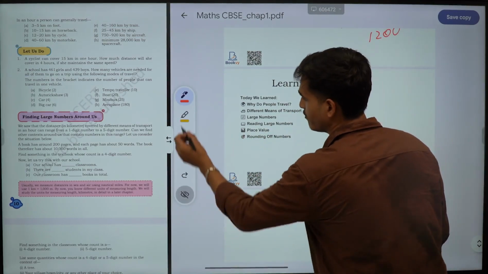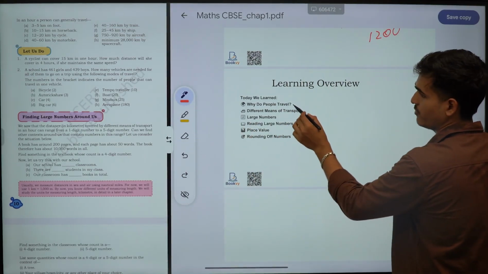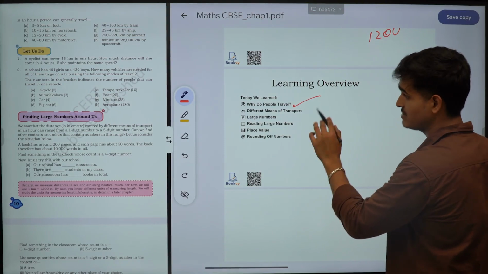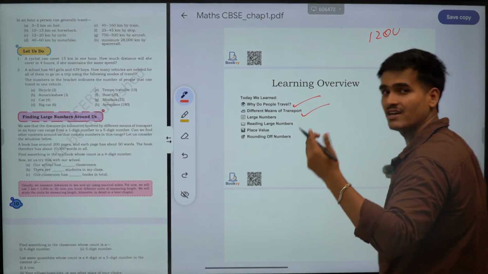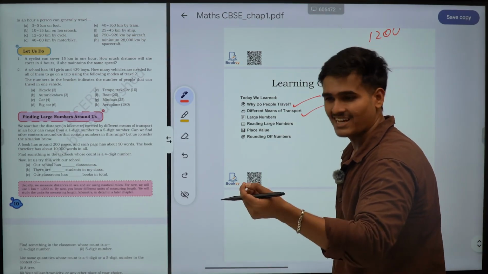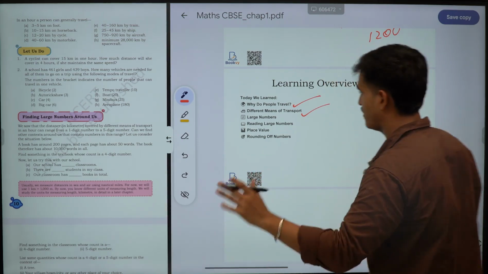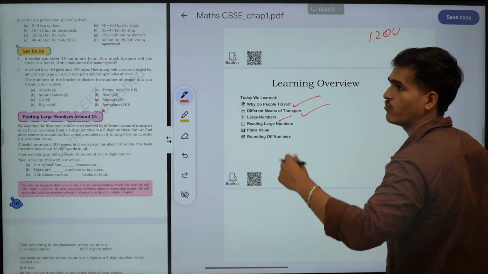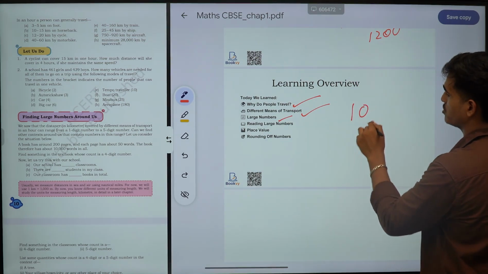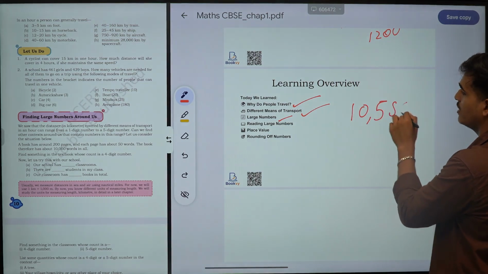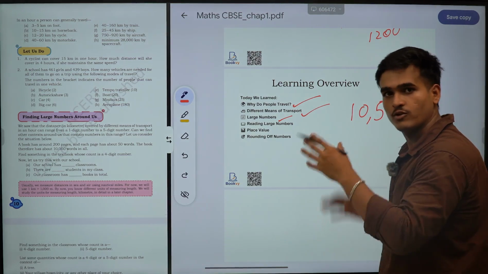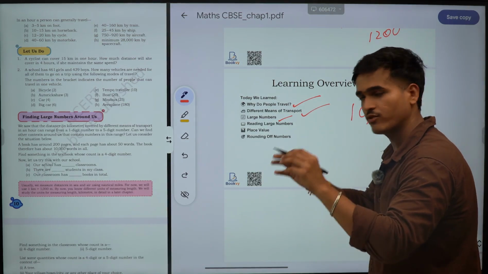We have learned today why people travel, different means of transport: land transport, road transport, water transport, air transport. Then what are large numbers? 10,000, 500, 50. These are large numbers. You have to just segregate them and find out the values.